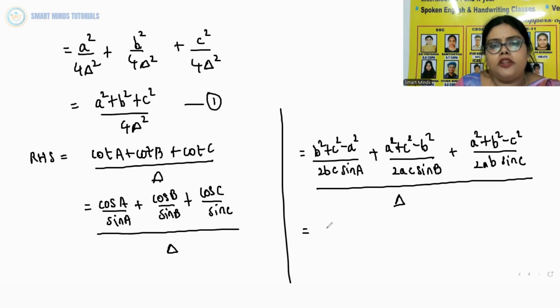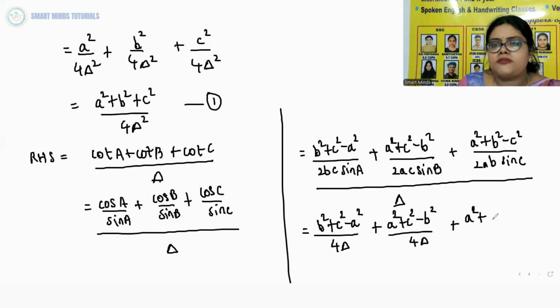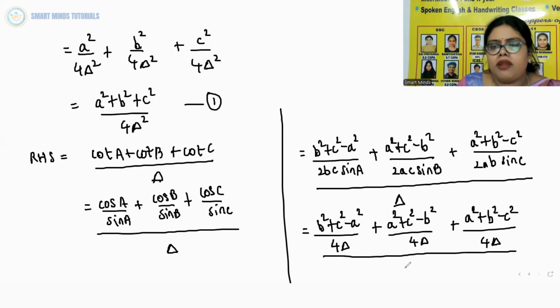So we are adding the numerators. (b square plus c square minus a square) by 4 delta plus (a square plus c square minus b square) by 4 delta plus (a square plus b square minus c square) by 4 delta, whole divided by delta.